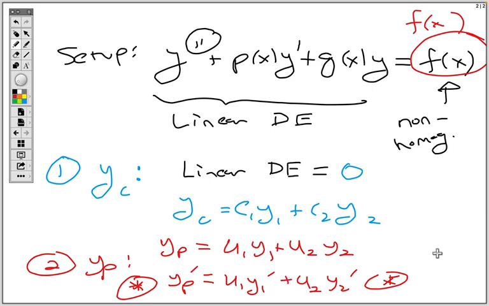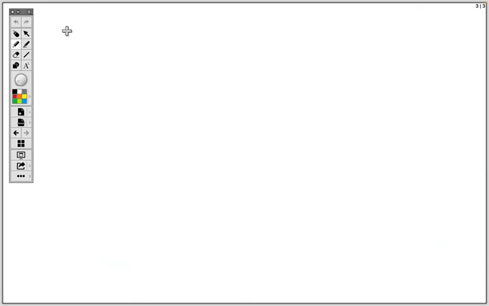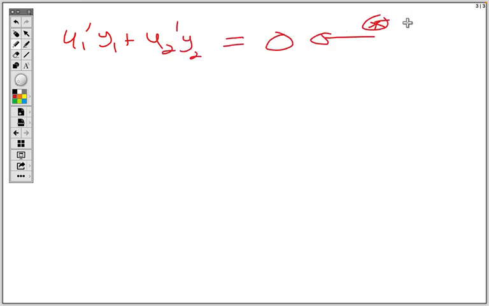So this was a simplifying assumption we made. Basically that means we're assuming the other half of the product rule is 0. Once again, this is all review of 5.7. So that meant U1 prime y1 plus U2 prime y2, we assumed that was 0. This was our simplifying assumption.